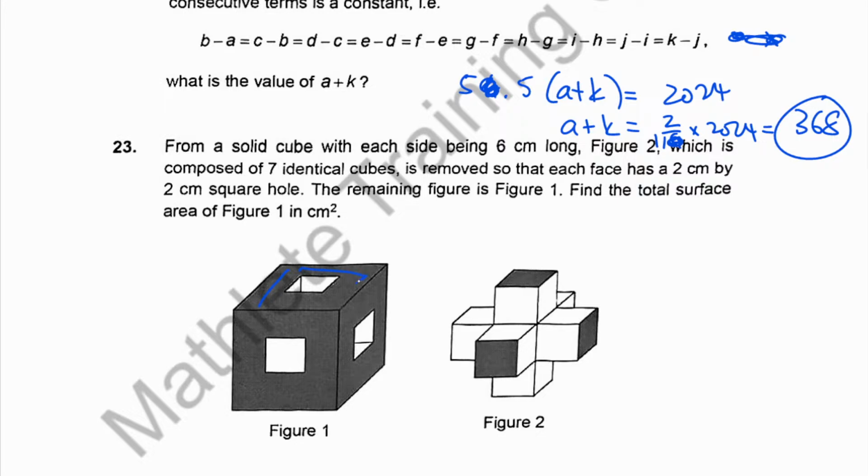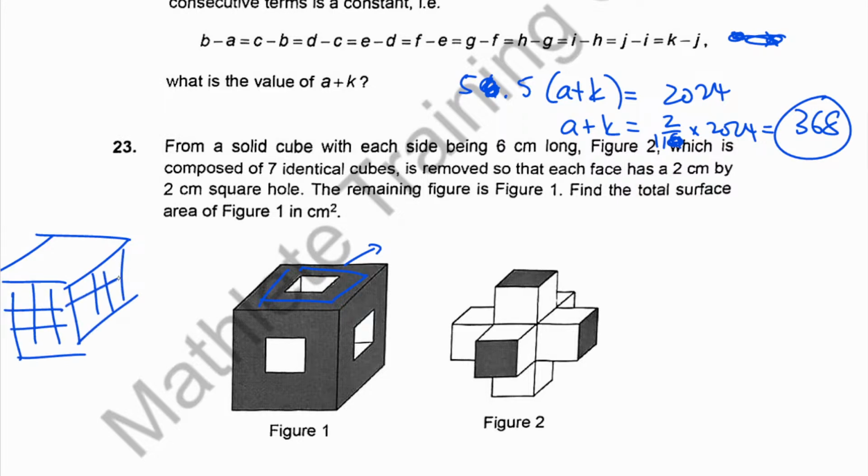Each of these is how many? There are 1, 2, 3, 4, 5, 6, 7, 8 mini squares. If I divide it into a 3 by 3 cube, each of the mini squares is 4 cm squared. So this is 8 times 4, which is 32.